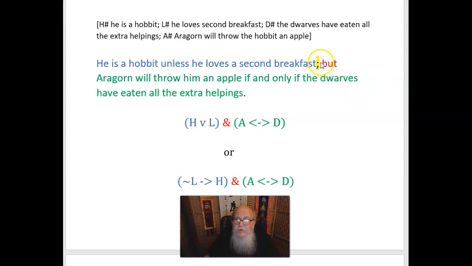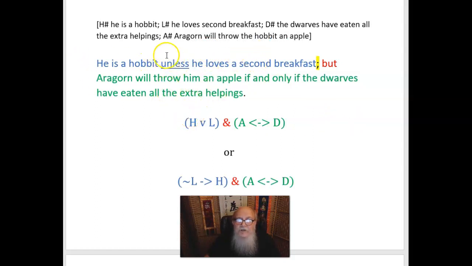Now, the semicolon, again, is going to indicate what comes immediately afterward is the major operator. So that but, which turns into an and, is the major operator. So we can look at this part first. He's a hobbit unless he loves a second breakfast.